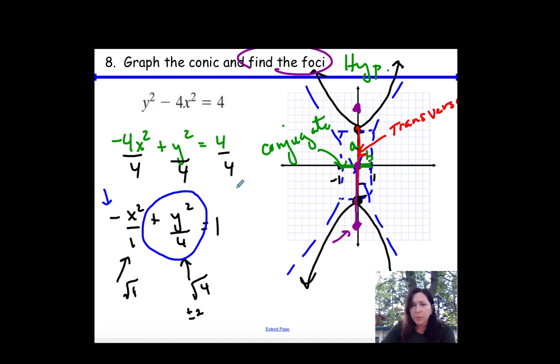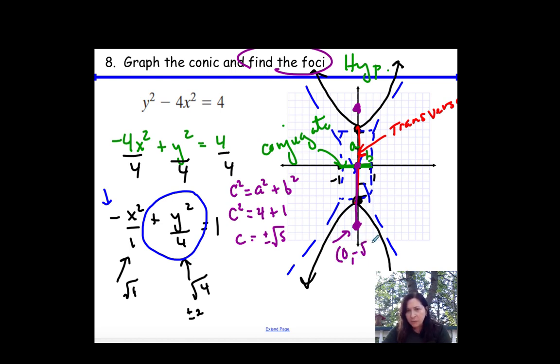So we're going to use the formula c squared equals a squared plus b squared. c is my foci. So c squared is equal to, a is positive, so 4 plus 1. So c is equal to plus or minus the square root of 5. And so this point right here is (0, negative root 5), and this point right here is (0, positive root 5). And so those are my two focal points.